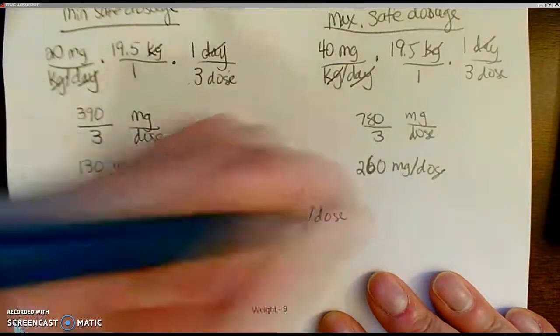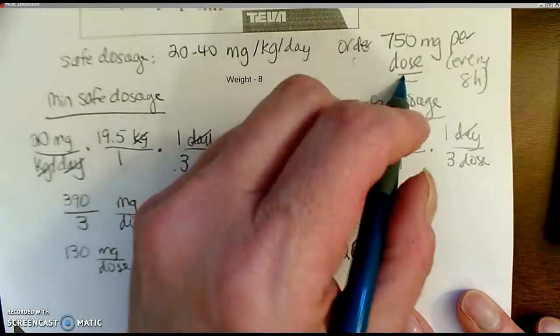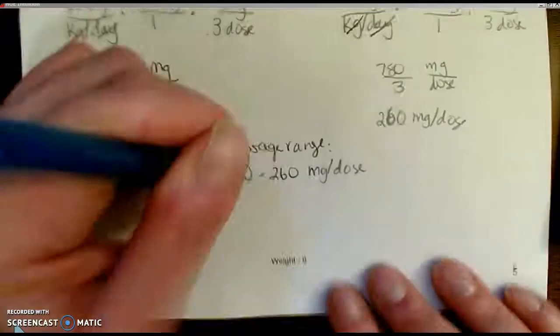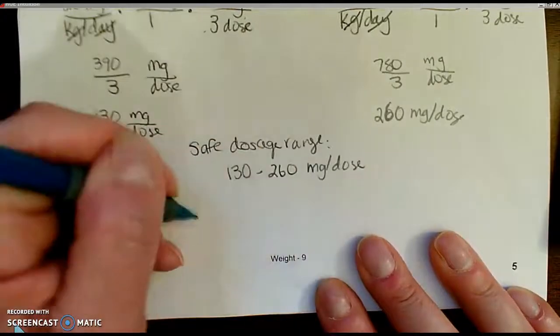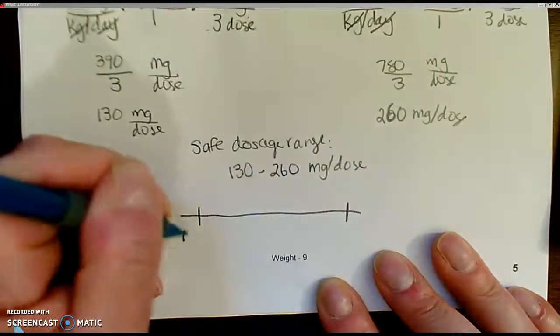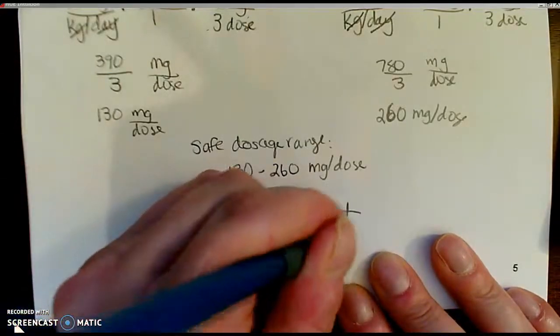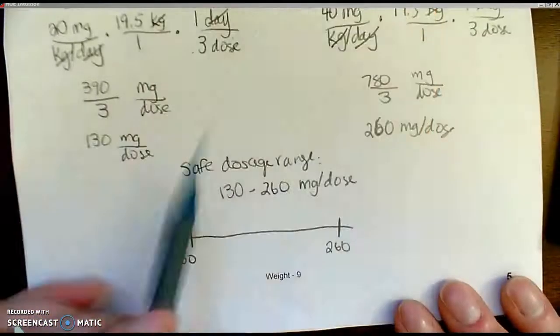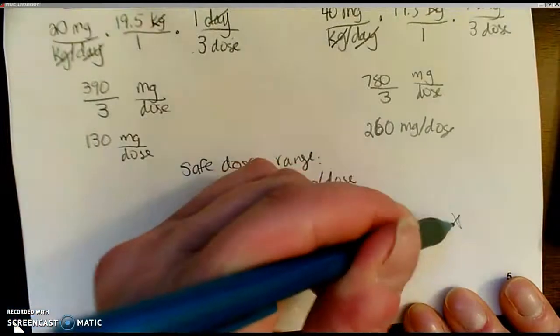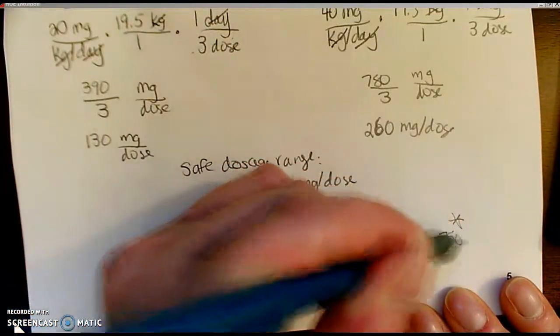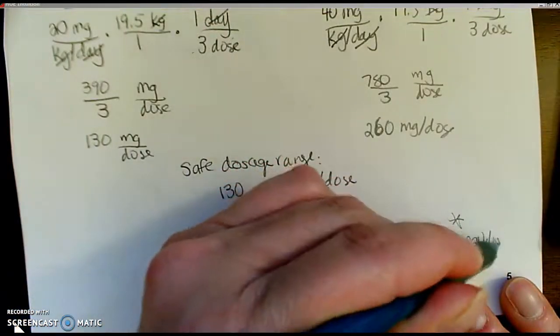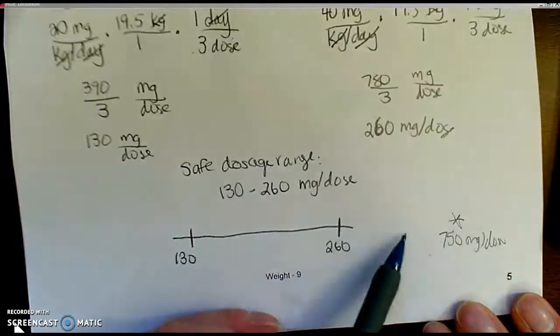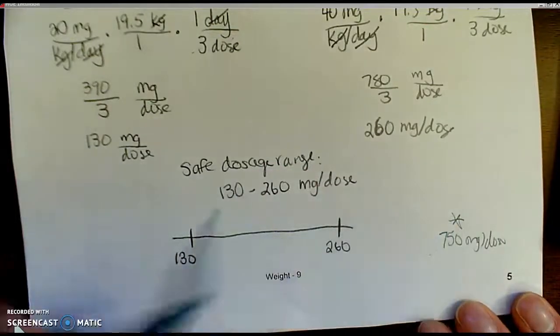I stopped because this is milligrams per dose and the doctor's order is in milligrams per dose. So now if we look at it on a number line, 130 would be here and 260 would be here. Where's 750 per dose? Well, that would be way out here, way above the safe dosage range.